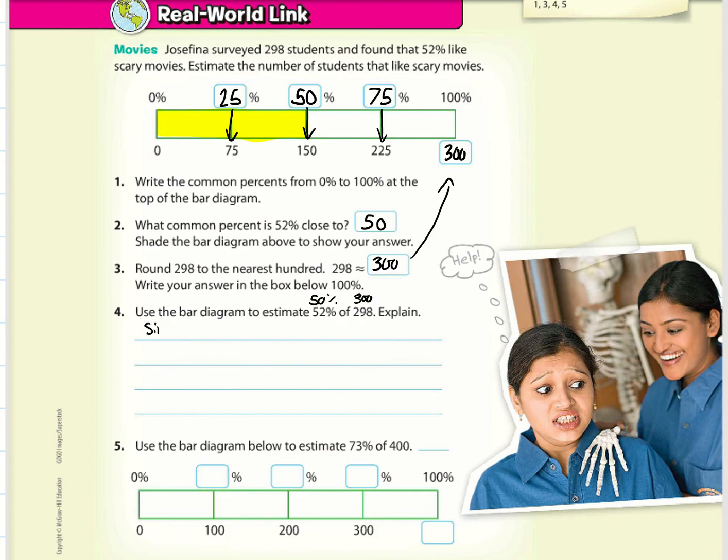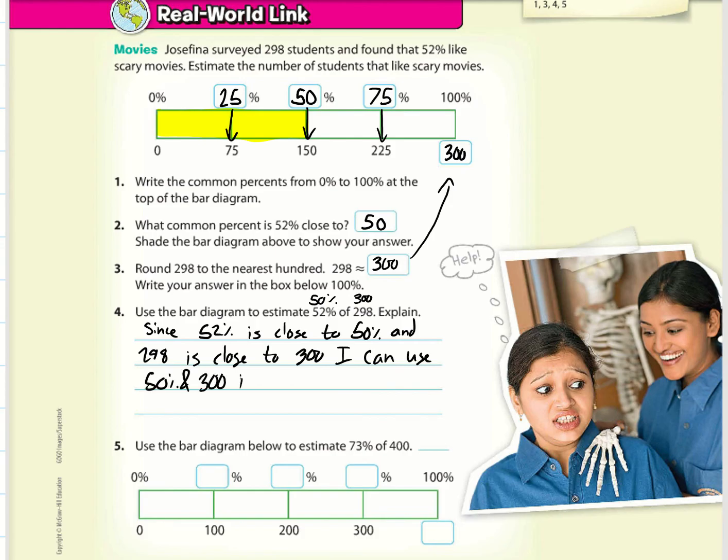So we can say since 52% is close to 50% and 298 is close to 300, I can use 50% and 300 in my bar diagram.